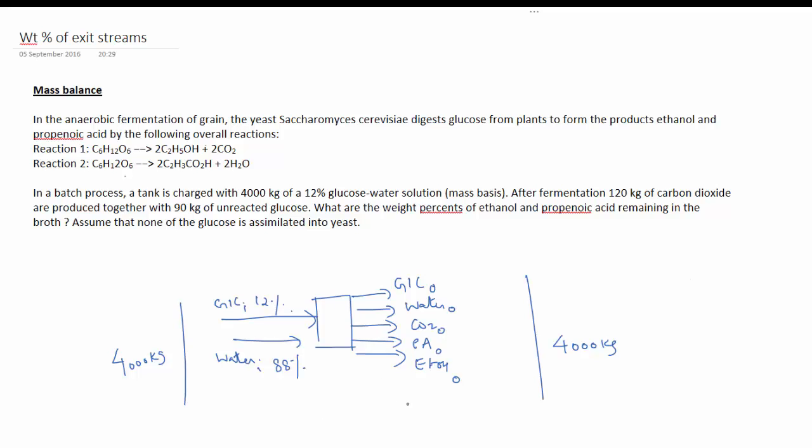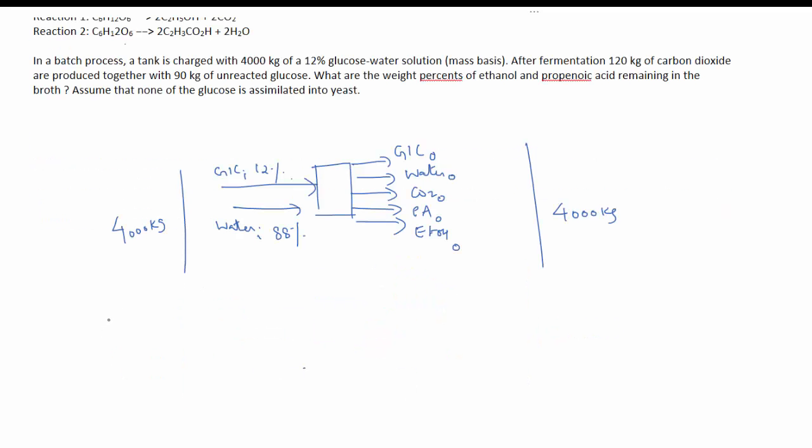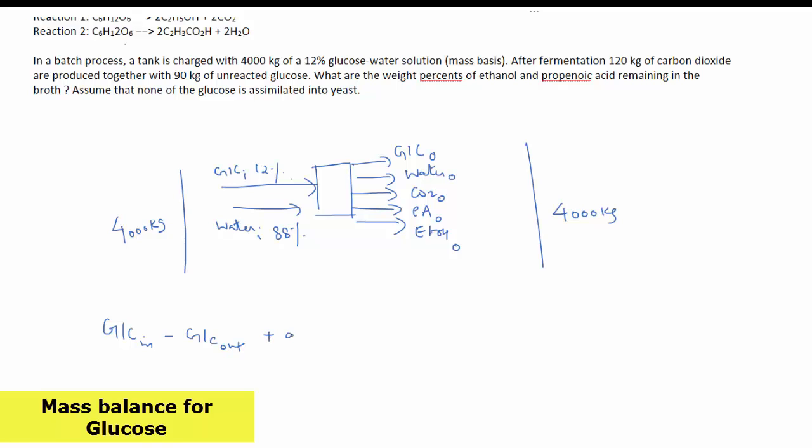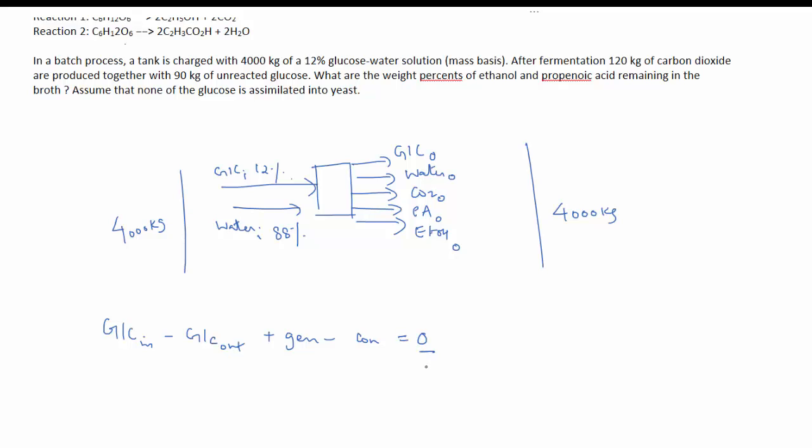So with this information in hand, let's construct the mass balance equations. First one to do is the mass balance for glucose. So glucose in minus glucose out plus anything which is generated minus anything which is consumed has to be equal to 0. Why 0? It's because we are dealing with steady state and there is no accumulation.